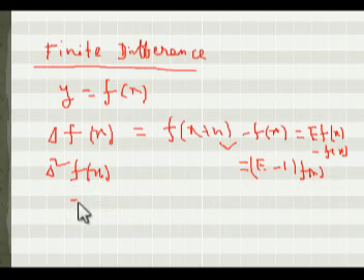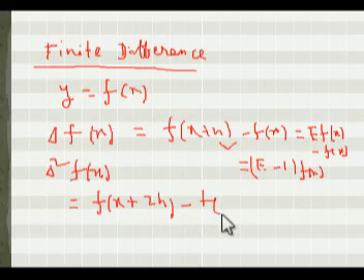Del square f(x) is found to be f(x plus 2h) minus f(x plus h) minus f(x plus h) plus f(x).